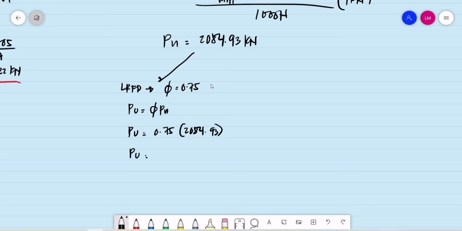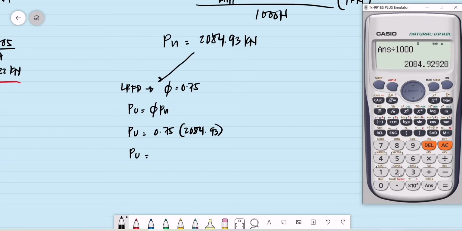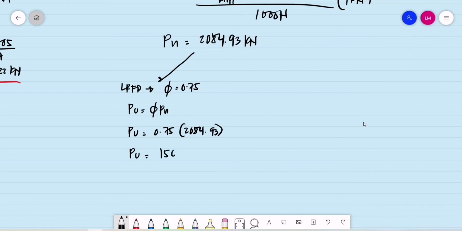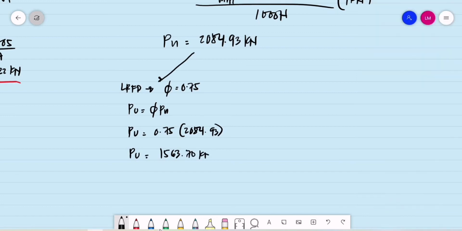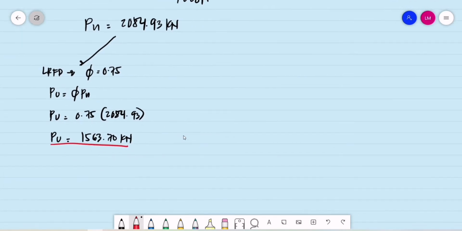So P sub U is now 1,563.697, let's say 1,563.70 kilonewtons. So this is the ultimate strength for TRS, or the design tensile strength.